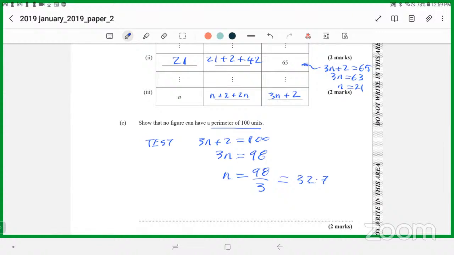So we can say not a natural number. 32.7 is not a counting number. We can say natural number. Let's use the right term.